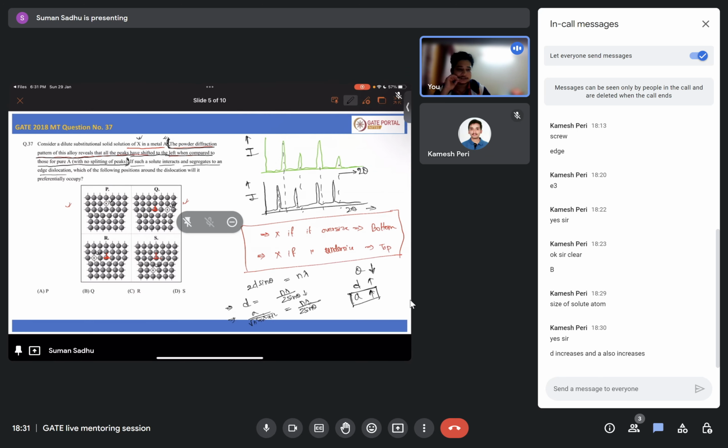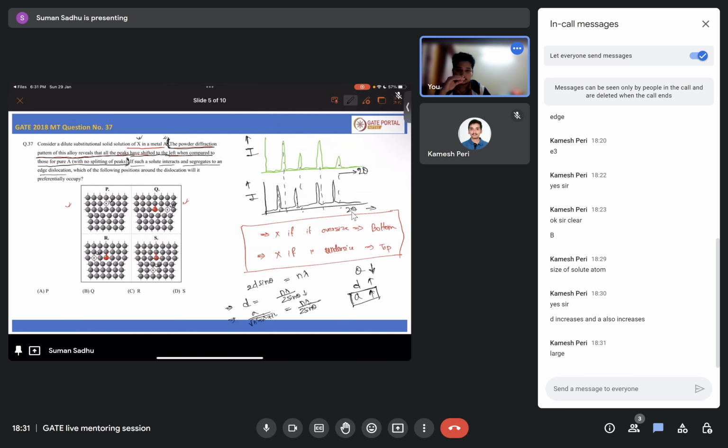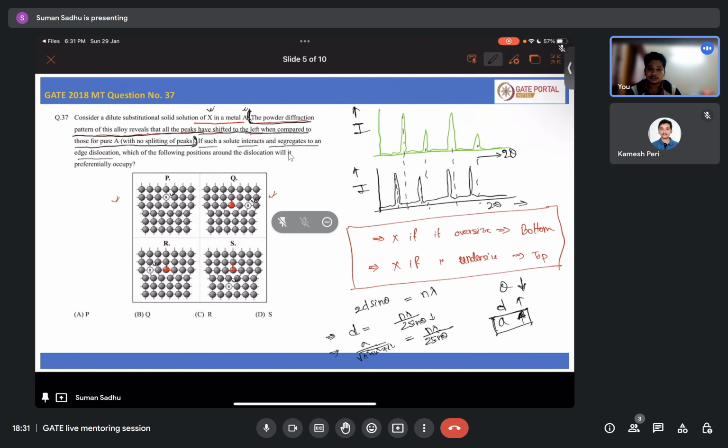If your lattice parameter increases, exactly, it is giving you the hint that the size of the X atom, which we are adding to the A metal matrix, is larger than the size of the A atoms. That is why your lattice parameter is increasing, and that is reflected in the XRD pattern.